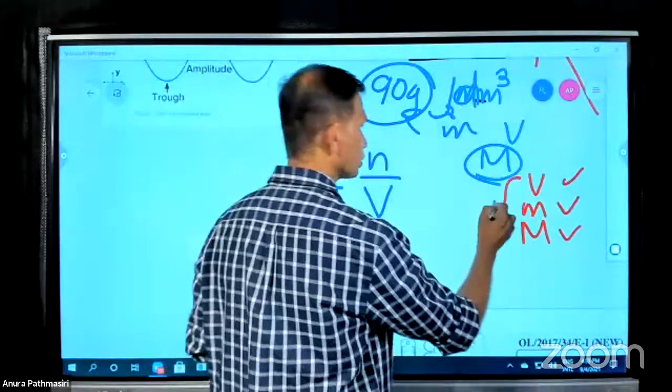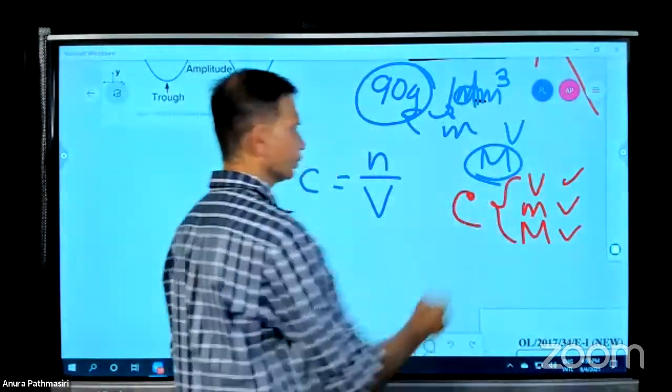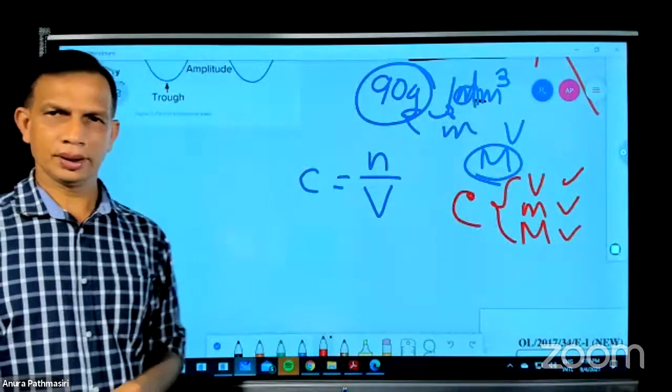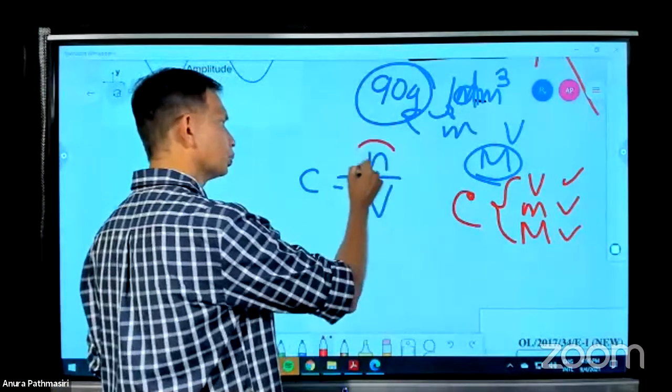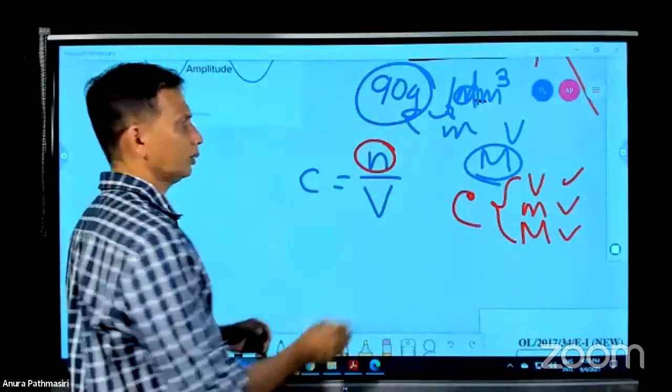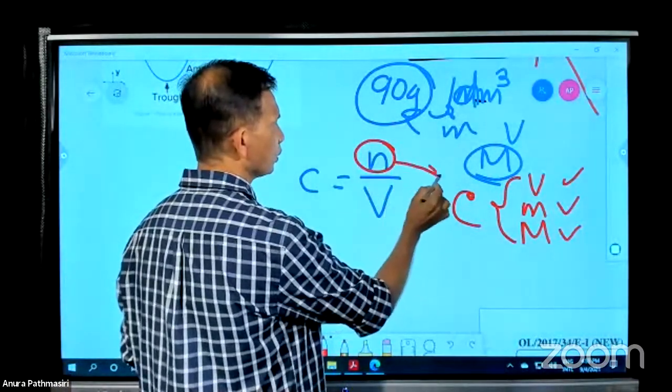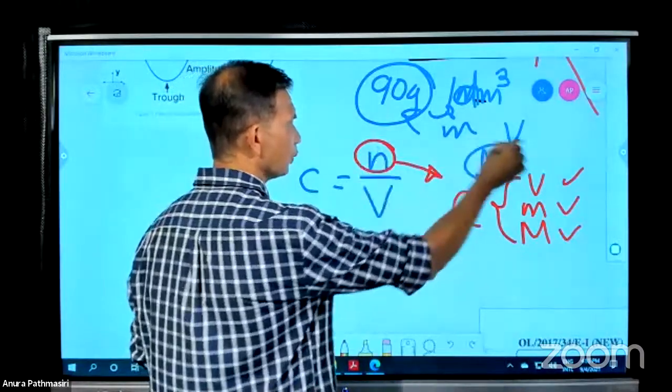And by using these 3, we want to find out the concentration. Understood?